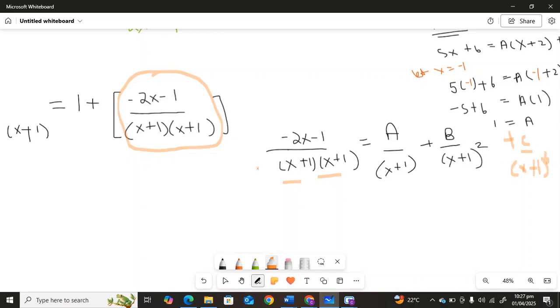Okay, colleagues, when you have a repeated linear factor, meaning you have an x plus 1 and an x plus 1, your second simple fraction you put to the power 2. If there is a third one, you put it to the power 3, and so on and so forth. Are we okay with that, colleagues?